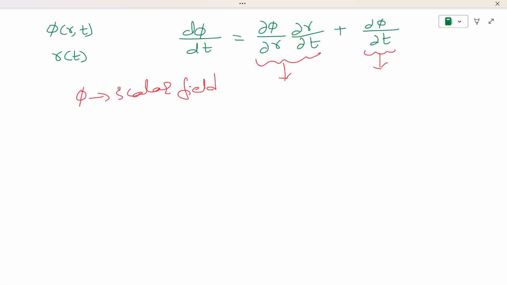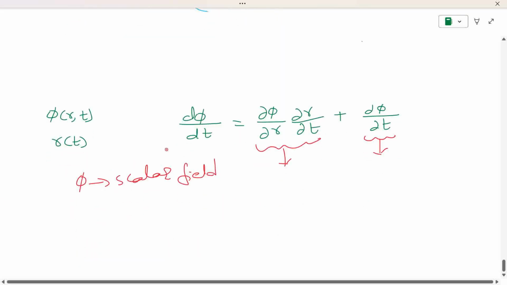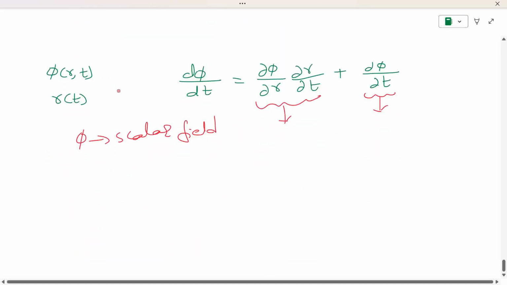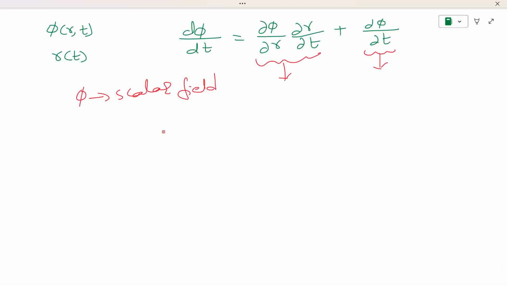So I haven't told you r. Basically, r is a position, that is, the radial distance. So r is the radial distance.